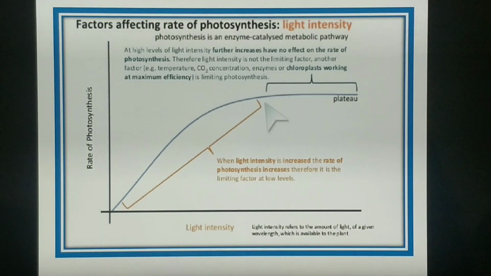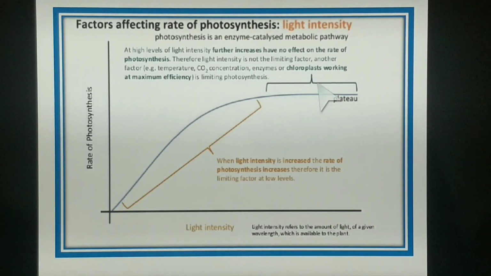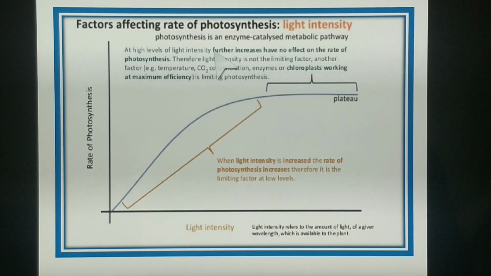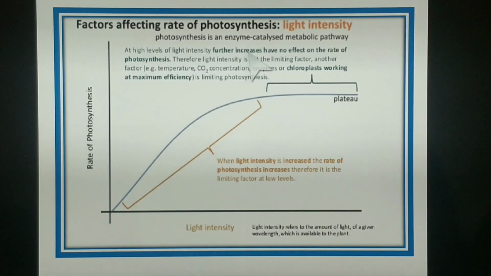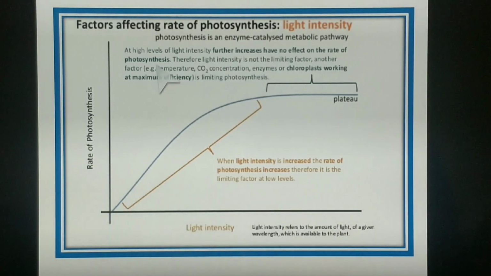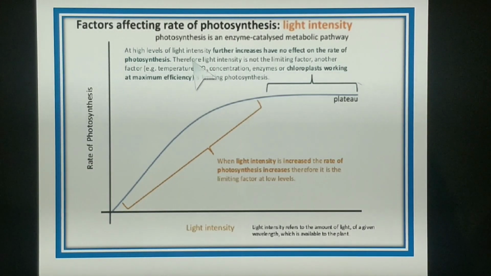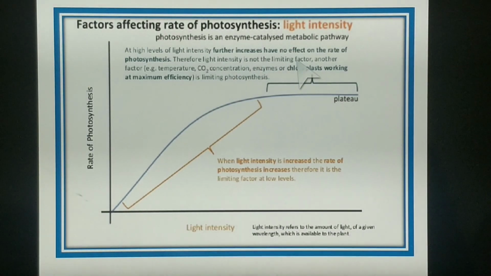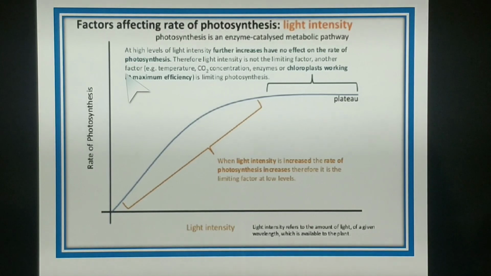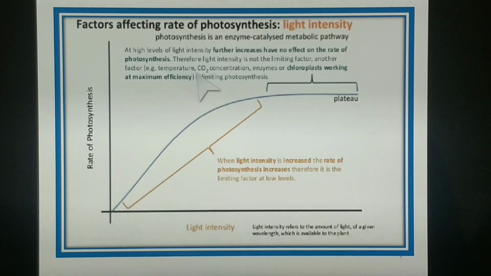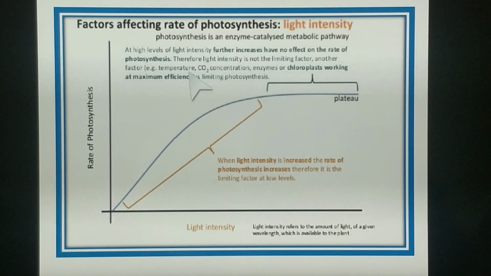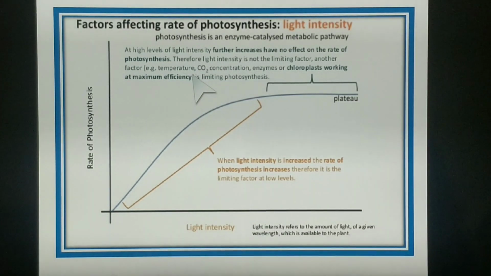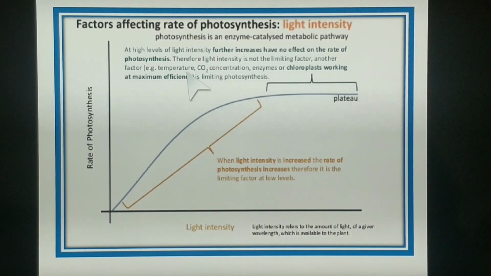But when we see that this is the steady phase, at that time we conclude that at high levels of light intensity, further increases have no effect on the rate of photosynthesis. Therefore, light intensity is not the limiting factor, whereas other factors such as the temperature, carbon dioxide concentration, enzymes or chloroplast working at maximum efficiency are limiting factors.